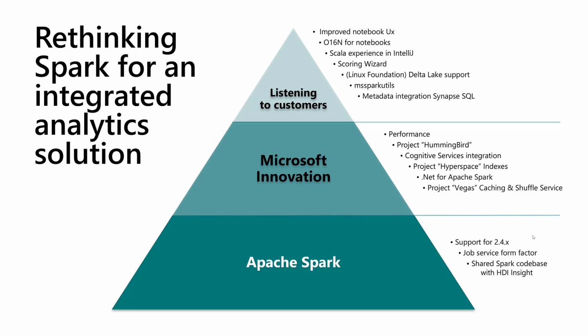In addition to that, there are multiple things that were added on top of this Spark, like Project Hummingbird, which improves the performance of ML jobs. Then the cognitive services integration, where you can easily call cognitive services APIs directly from Spark in the Synapse workspace.